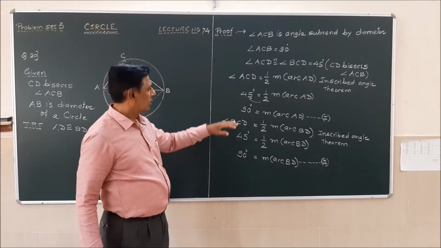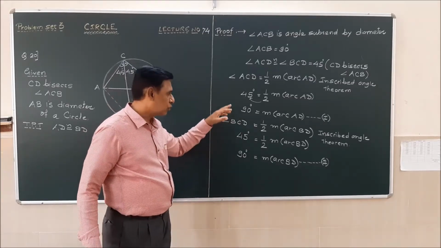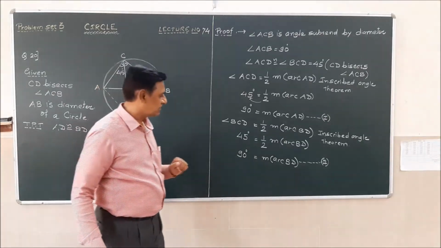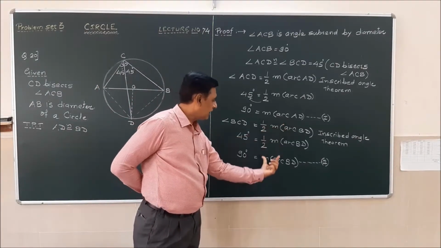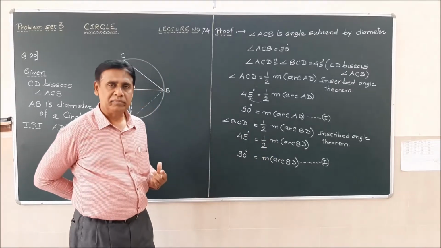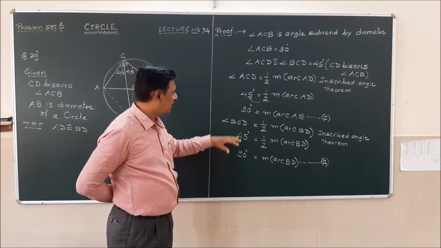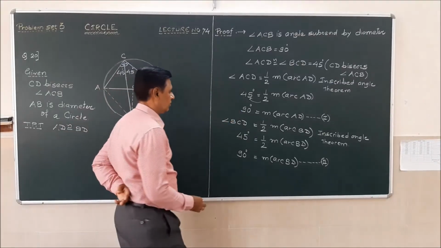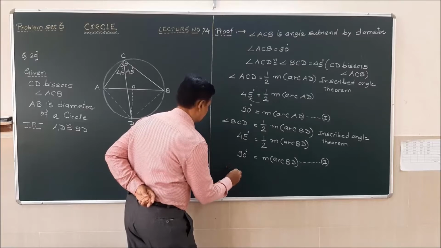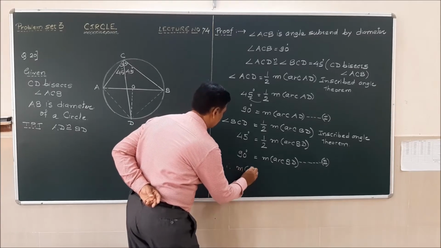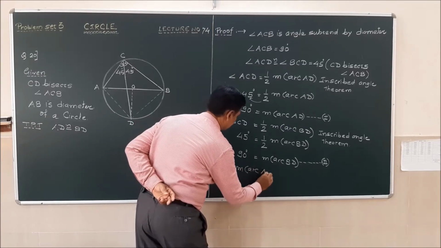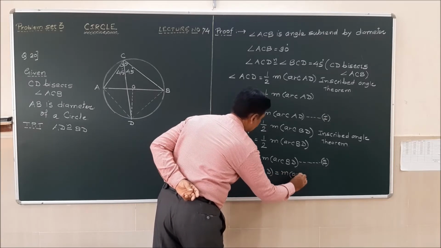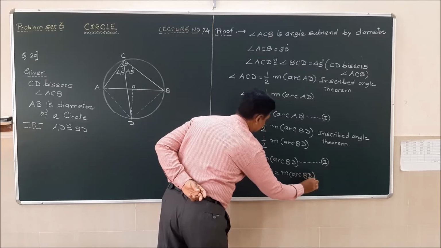Now if you compare results 1 and 2, you can notice very easily that the measure of arc AD is equal to the measure of arc BD, because the measure of arc BD as well as arc AD is 90 each. So the measure of arc AD is equal to the measure of arc BD.